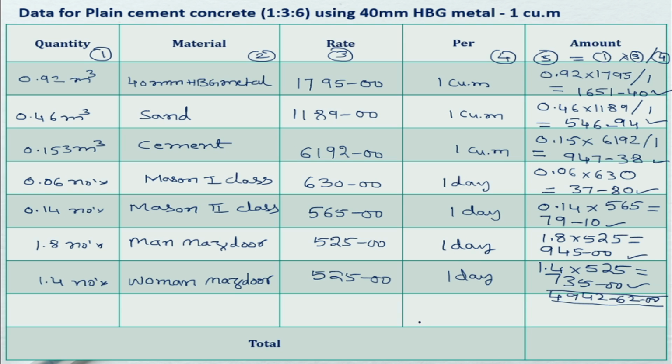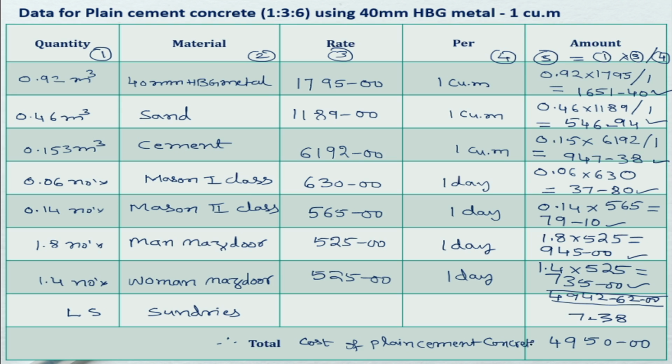To get the round figure value, add sundries, 7 rupees 38 paisa. Therefore, total cost of plain cement concrete 1:3:6 is equal to 4,950 rupees per 1 cubic meter.